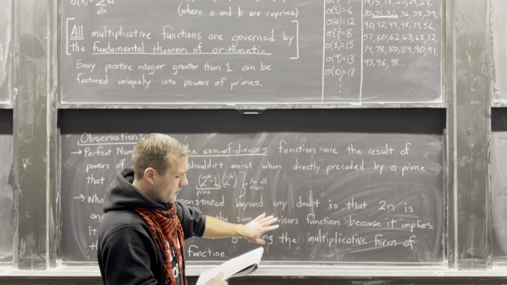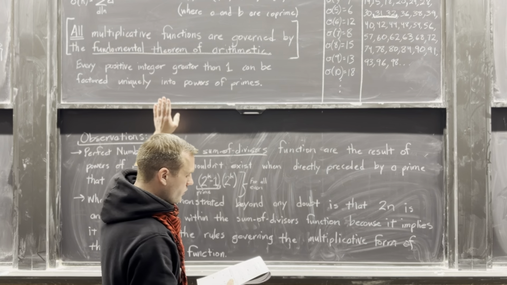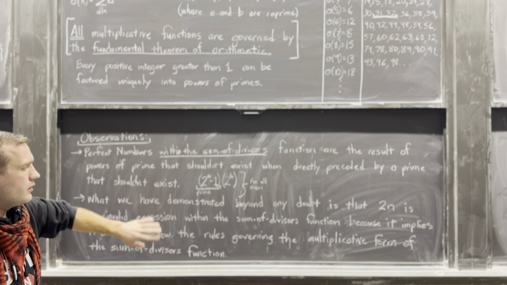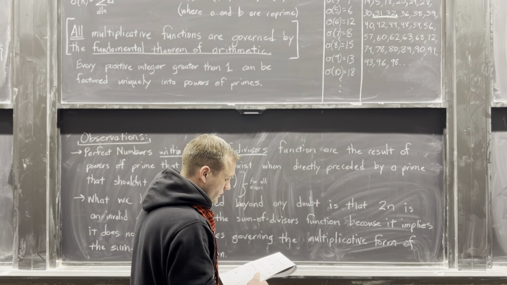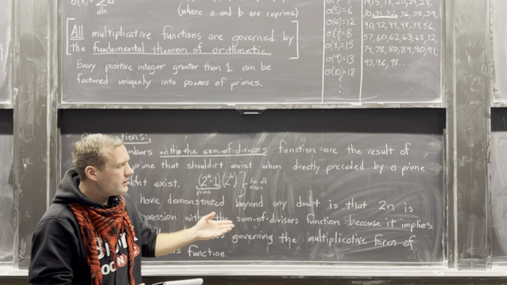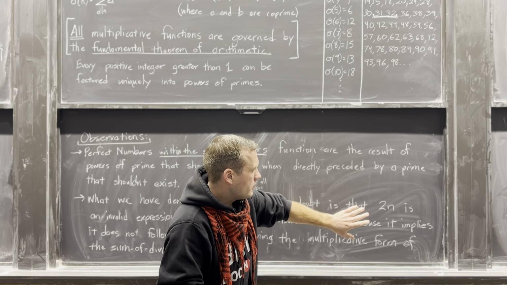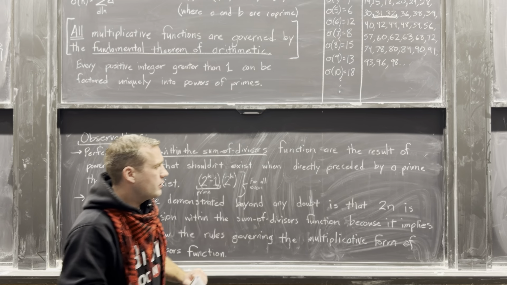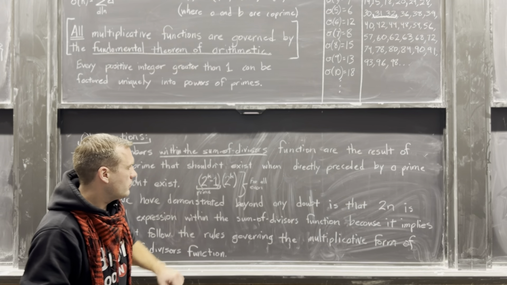It's useful as a heuristic, but it is neither logically valid nor adheres to the rules that govern the multiplicative form of the sum-of-divisors function. And what we must understand from this is really, it's not precise enough for what we need. Again, it's a nice heuristic, but it doesn't give us this form, right?